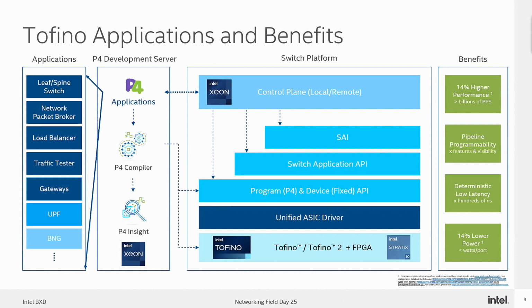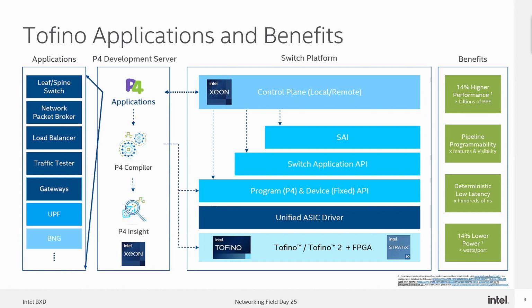It is an open source language managed by Open Networking Foundation, which is backed by a very strong community, including leading cloud service providers like Microsoft, Google, or Alibaba, and also communication service providers or telcos like AT&T, China Mobile, DT, and also vendors including Samsung, Cisco, and of course Intel.